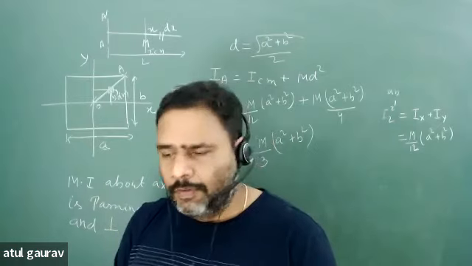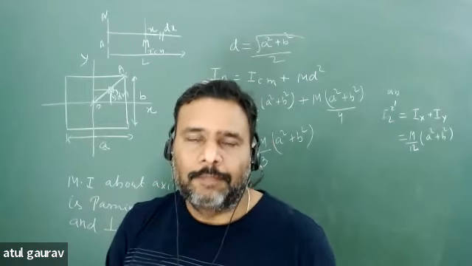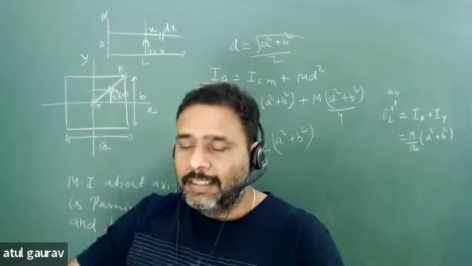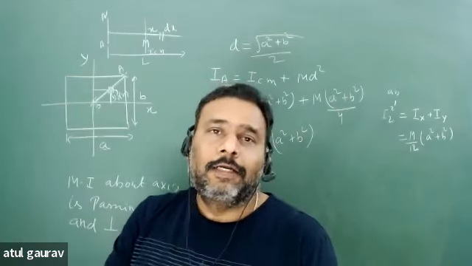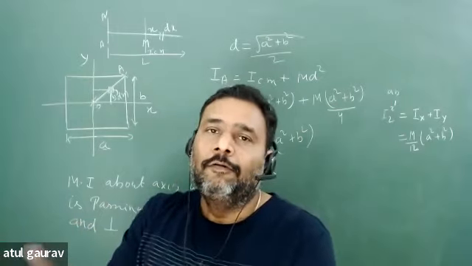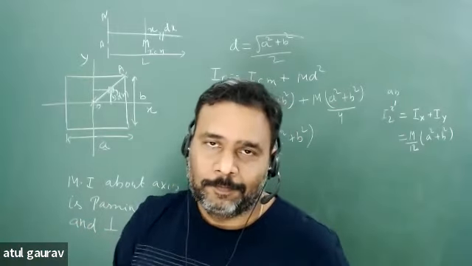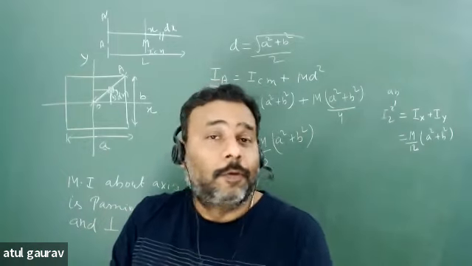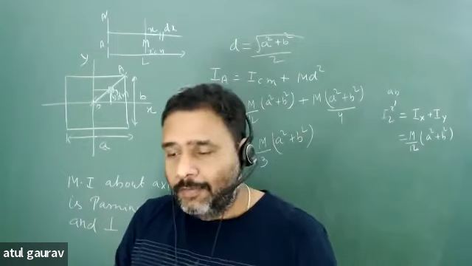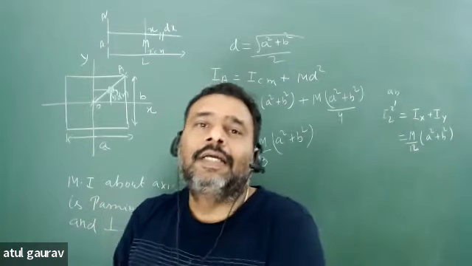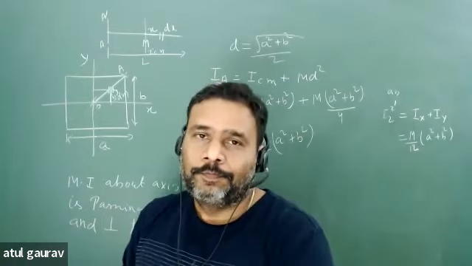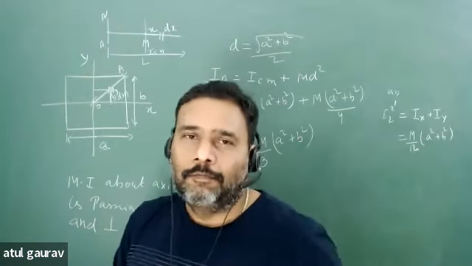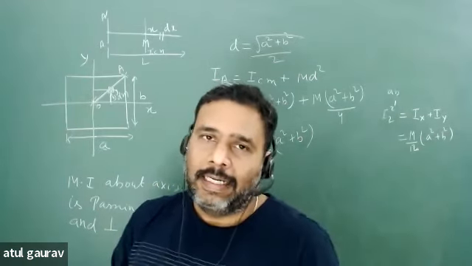In the next class we will use different types of systems, and you will also see that when you calculate, you can compare with the moment of inertia tensor. When you calculate it, you will also calculate it from the different components of the moment of inertia tensor, and you will find you are actually calculating the diagonal terms. You are just going to calculate what? Nothing but the diagonal term, depending on what your axis is.